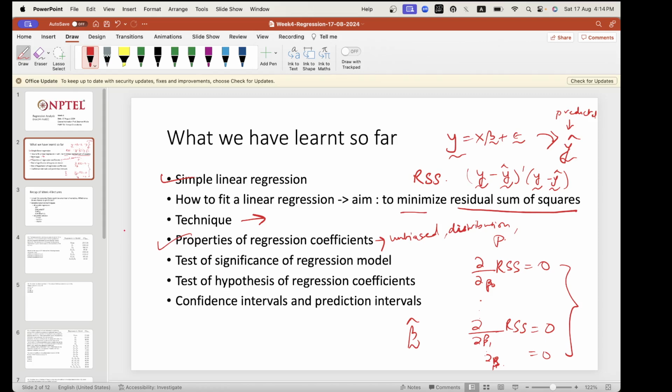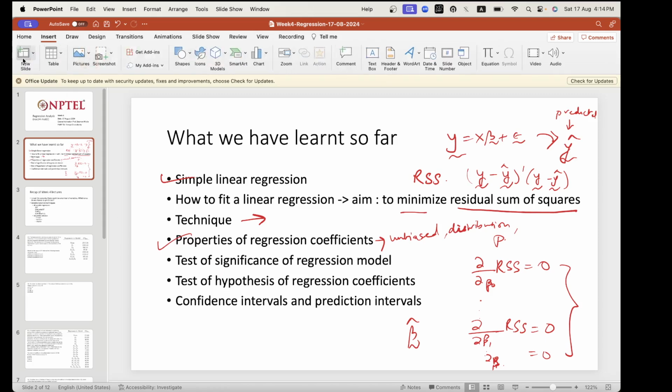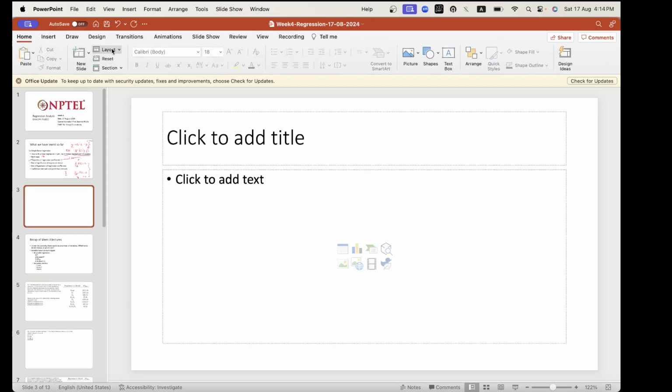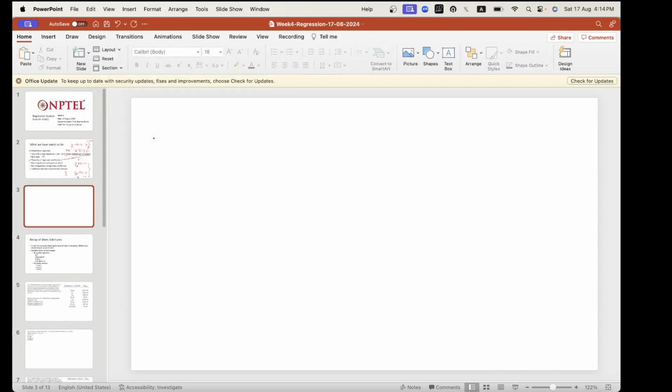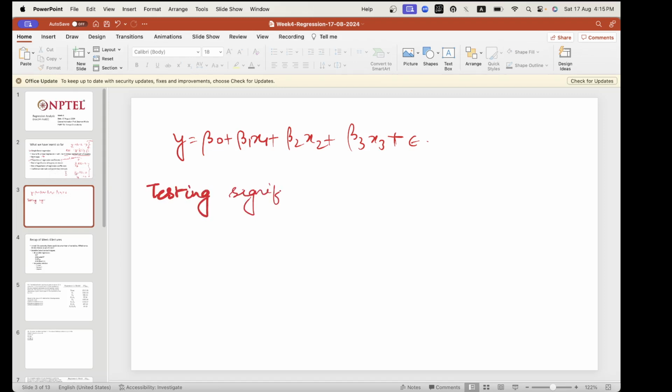Okay, so let's say we had a model like this: y equal to beta naught plus beta 1 x1 plus beta 2 x2 plus beta 3 x3 plus epsilon. So this one is testing the significance of the regression model.